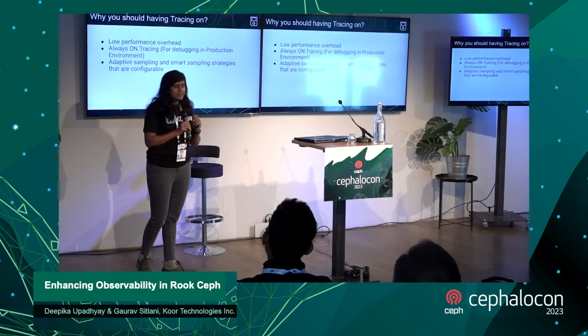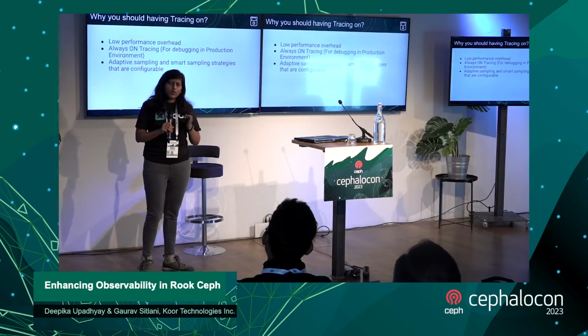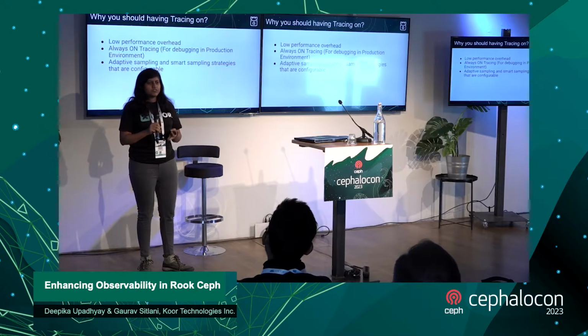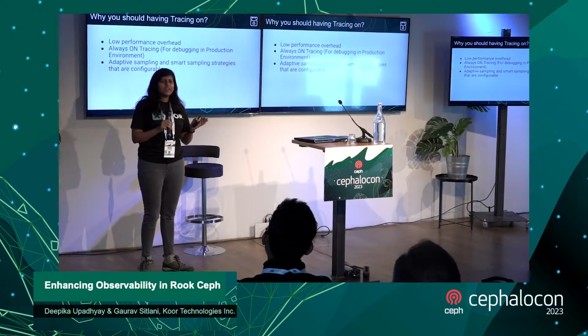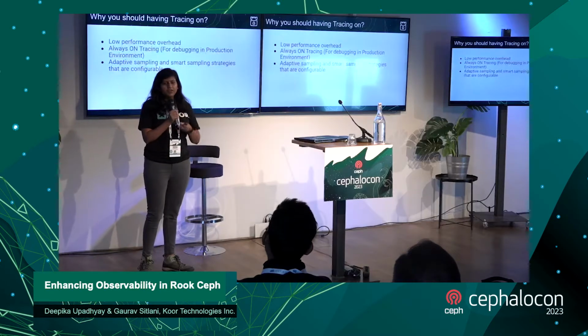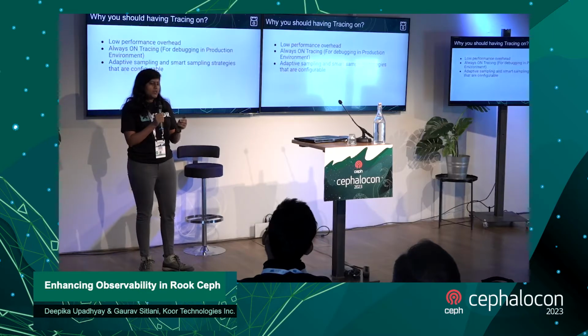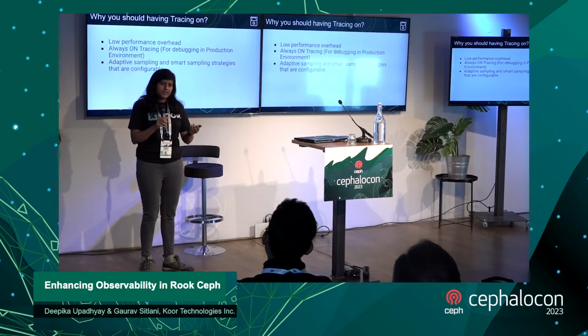The use case is not limited to just that. In tracing, we can also have sampling strategies. With thousands of requests going on, not every request needs to have a trace associated with it. We can make use of adaptive sampling strategies, which probabilistically pick up a trace.